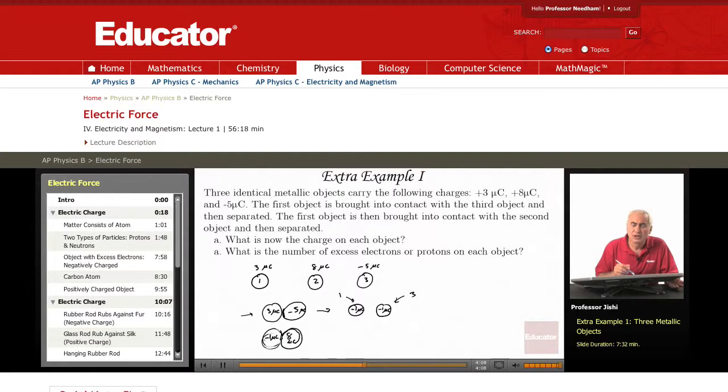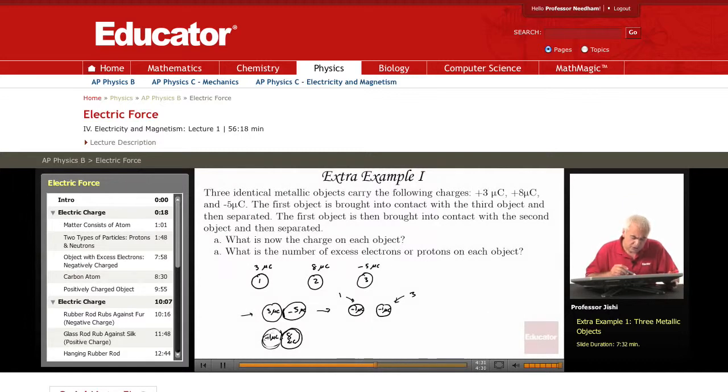Again, they are identical metal objects, so charges will move, like charging by contact. Charge will move from one metal to the other until the charges become equally divided.